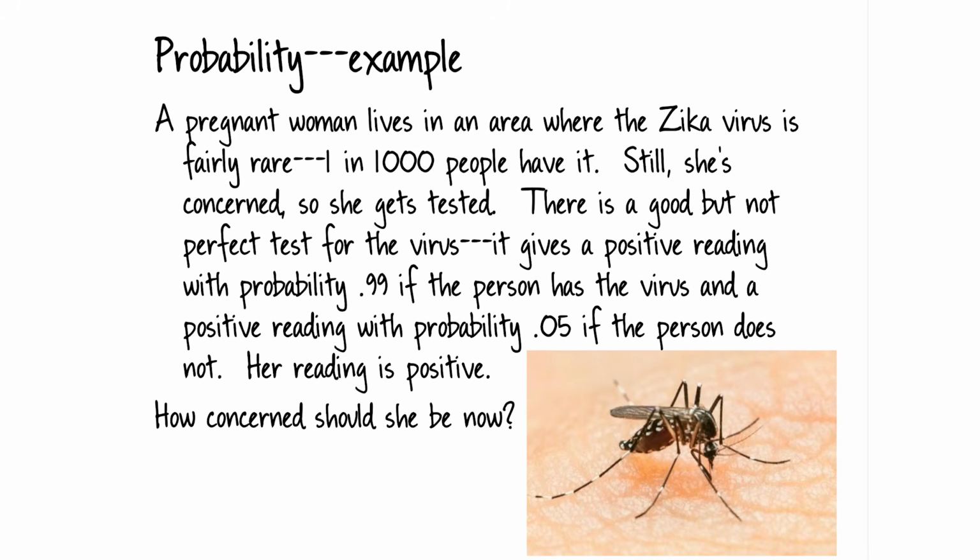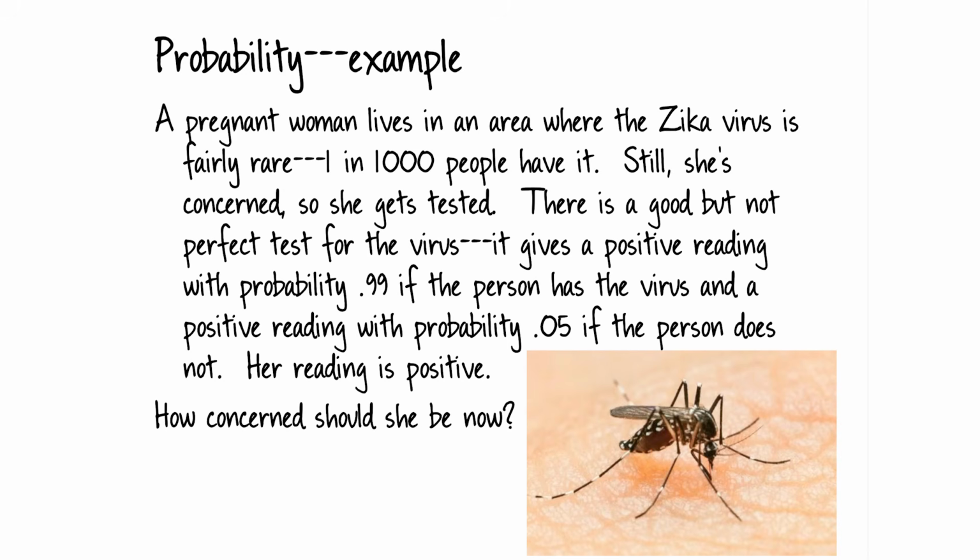Okay, so let's suppose a pregnant woman lives in an area where the Zika virus is fairly rare. So 1 in 1,000 people have it in the area where she lives. But still she's concerned, so she gets tested. There's a good test for the Zika virus, suppose, but it's not a perfect test.